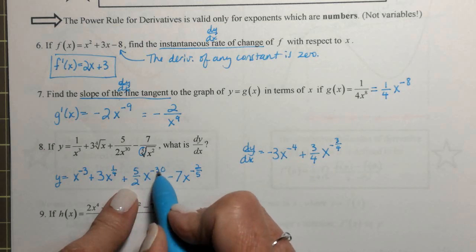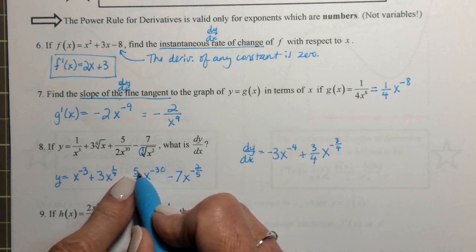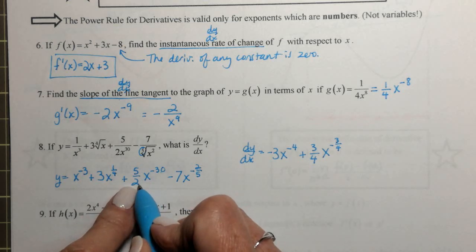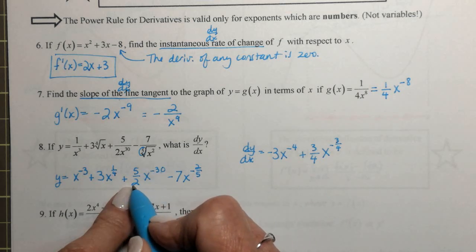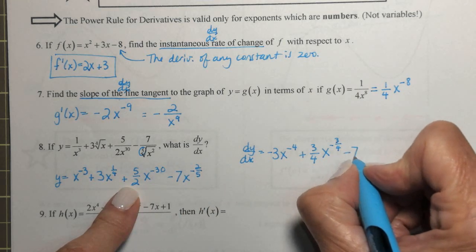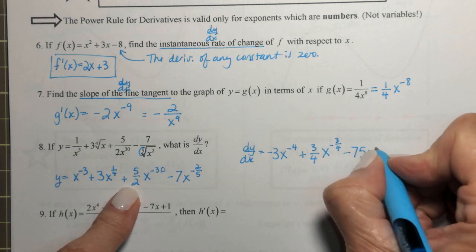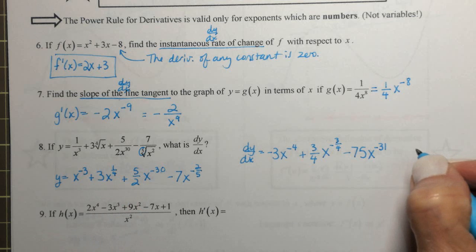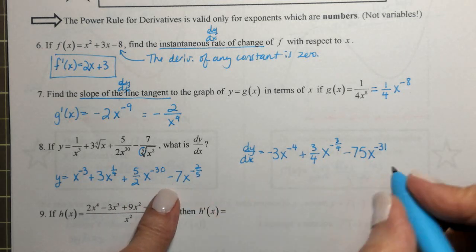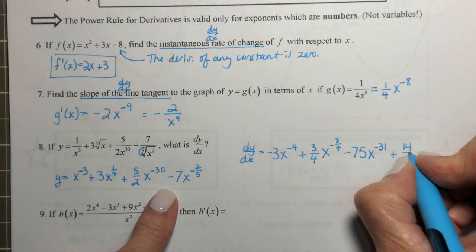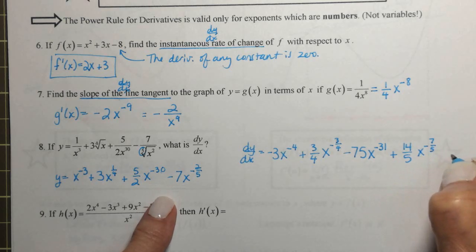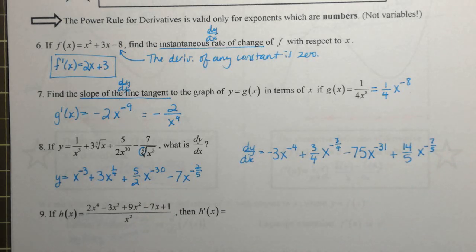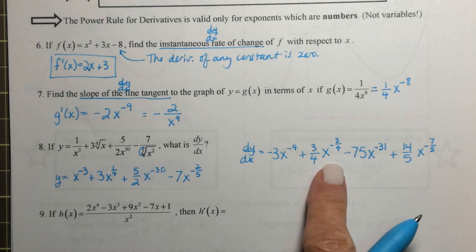Okay, a couple ways we could do this. 5 times 30 is 150, divided by 2 is 75, or 2 goes into 30 15 times, 15 times 5 is 75. Either way, we get a coefficient of negative 75. Keep your x, decrease your power by 1. Negative 2/5 times negative 7 is positive 14 over 5. Keep your x, decrease your power by 1. Carefully subtract those fractions. And then this would be your answer. And if you had to, you could write it in another form.